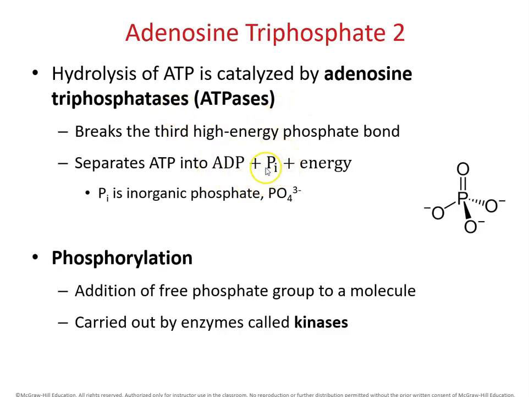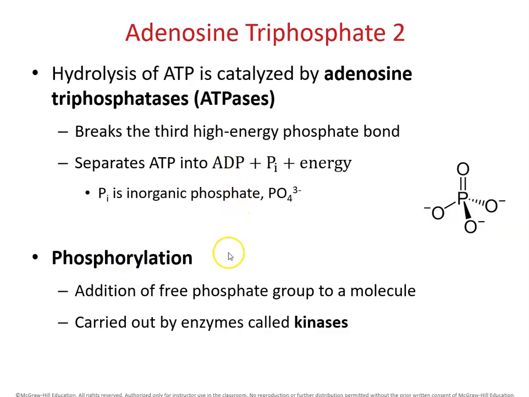And that releases what we call an inorganic phosphate. We abbreviate that Pi. And a Pi is the phosphate with 4 oxygens, 3 of those oxygens having a negative charge. So here's my P, here's my 4 total oxygens, and here's 3 of those oxygens having a negative charge.